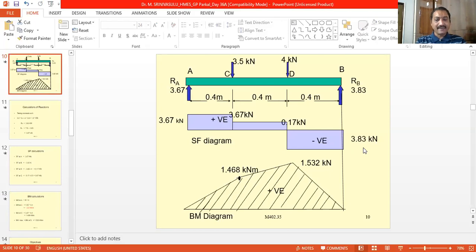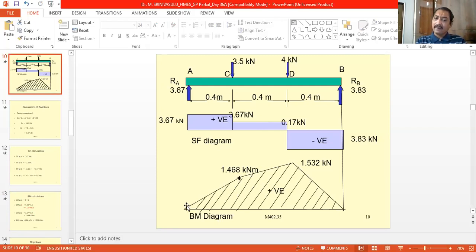How to join? Very simple. Here there is no UDL acting, only point loads are acting. So whenever point loads are acting, the bending moment will have inclined lines, because in the shear force diagram we got only horizontal lines or boxes. So whenever there is a horizontal line or a box, we get inclined lines in the bending moment diagram. So we join all the points with inclined lines.